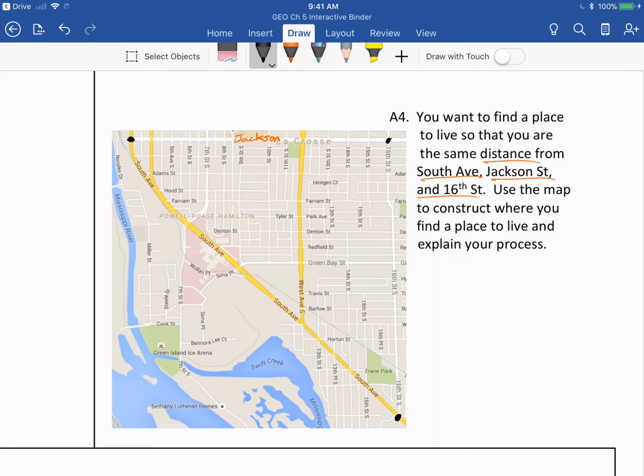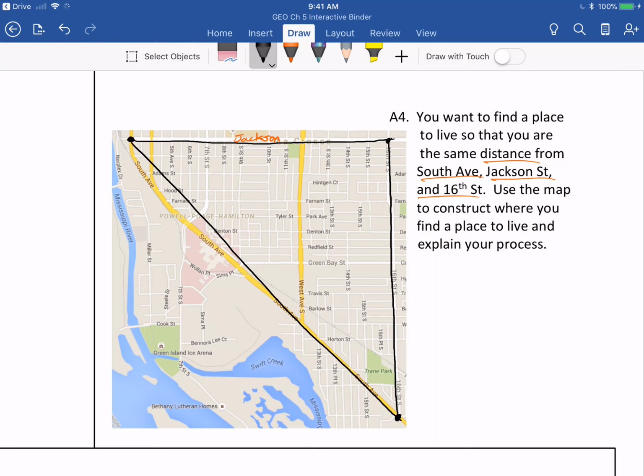So what we have is a triangle that connects these. I'll try to draw mine as nicely as I can here. Connect these, and then go through Jackson right here. So what you have to do is bisect these angles. We did this back in the first semester, and it's been a while.